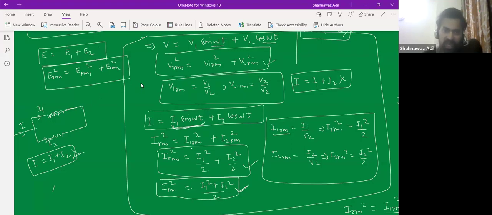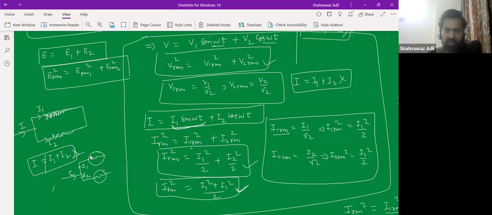Whenever you have a DC supply with, let's say, an inductor or other things in resistance, then from the junction rule, I is I1 plus I2. But if you have an AC source, then this would not be I1 plus I2, right?